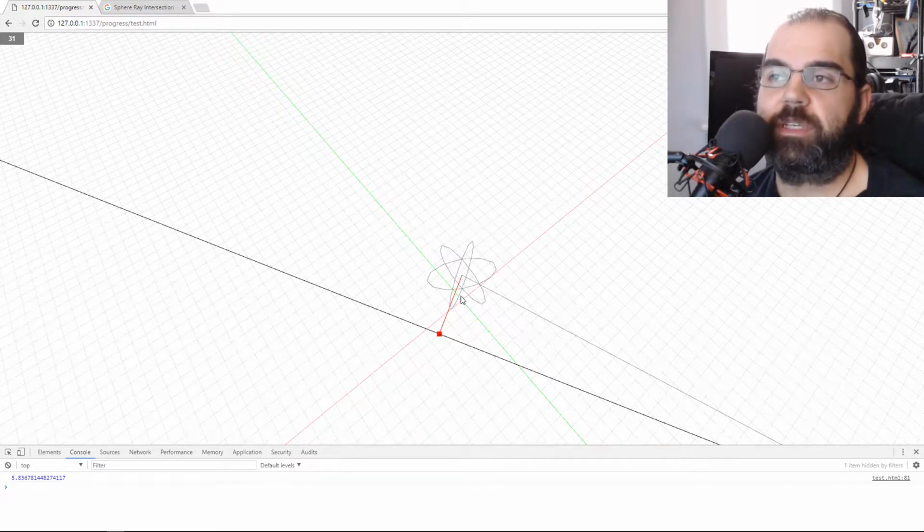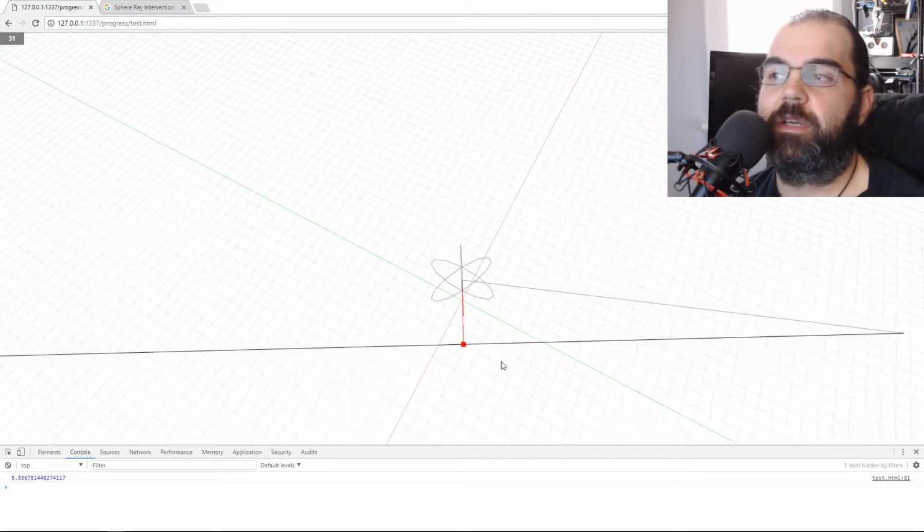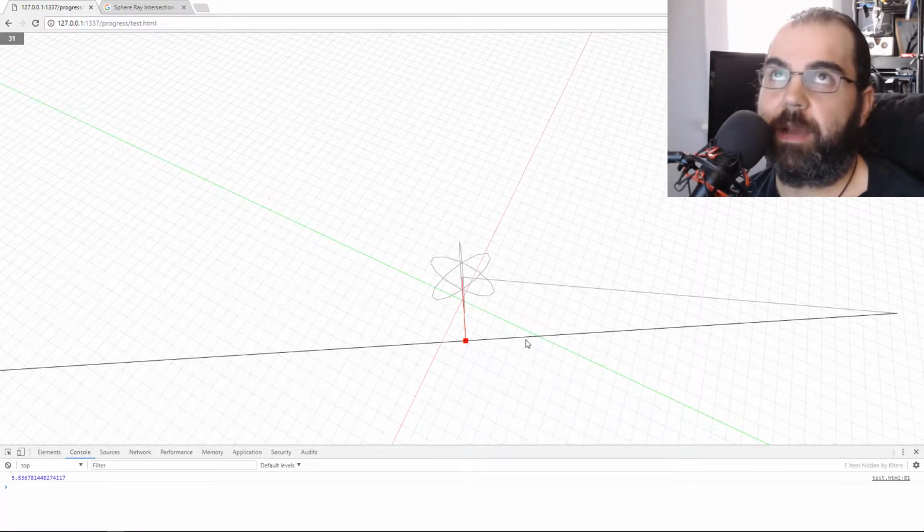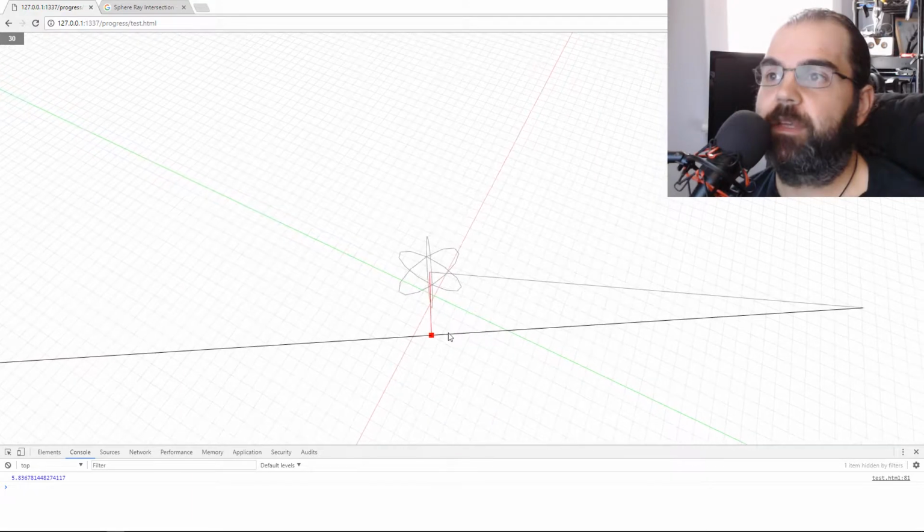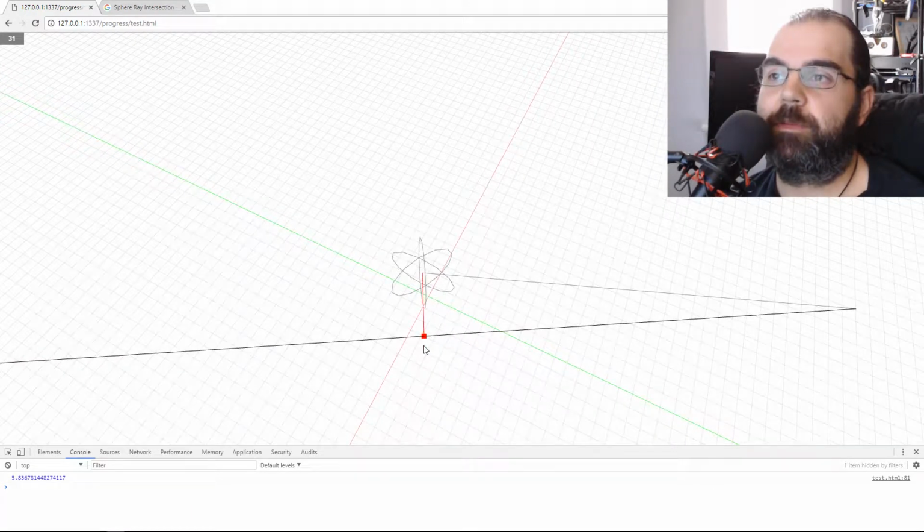And then we can just compare it with the radius squared, and that calls it a day. But that requires us to determine this t position on the ray. So if we want to save time and not determine this t position, we can use the Pythagorean theorem to determine the length of this line.